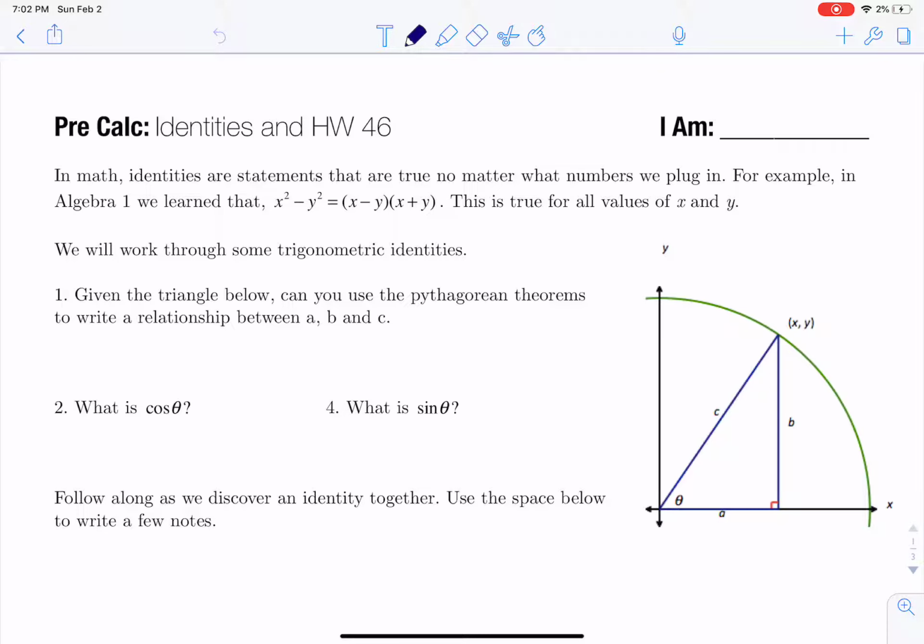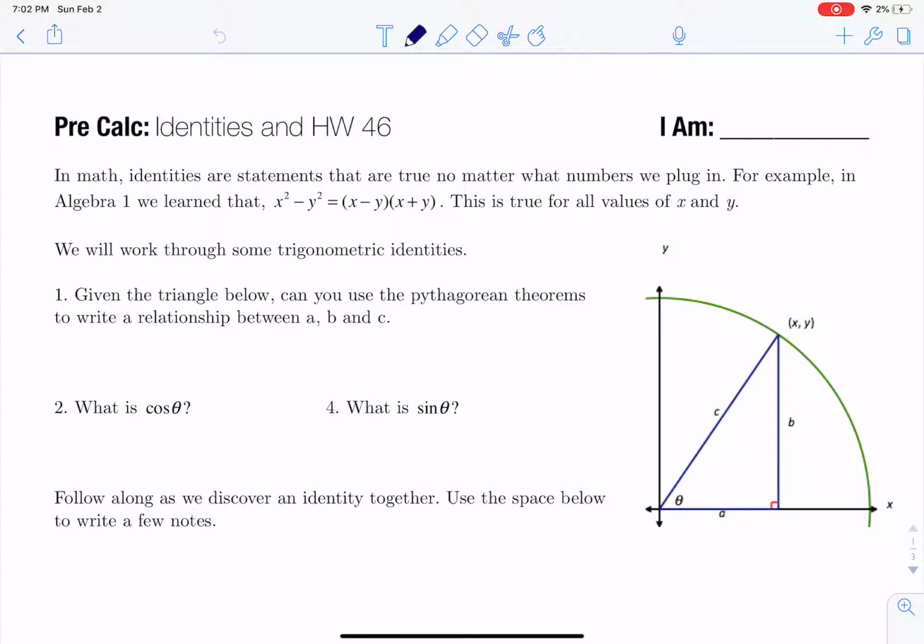So there are some identities that exist within these relationships of the trigonometric functions that we've been graphing and working through. We are going to work through one involving the Pythagorean theorem.